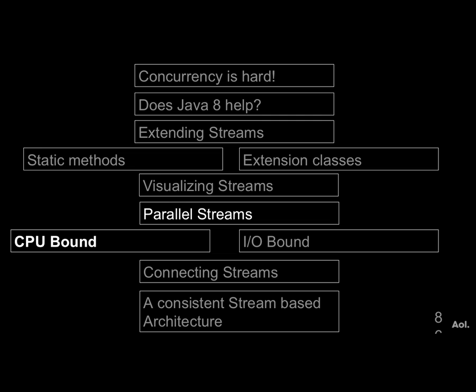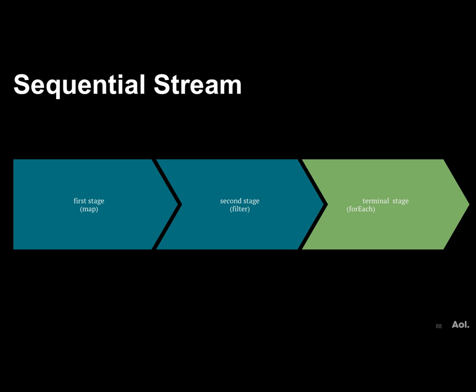So let's look at a couple of alternatives. If we have some CPU bound operations, one very simple technique to get efficient parallel execution of streams is not to try and have the streams distribute the work themselves, but rather for us to take our standard sequential streams and distribute those.